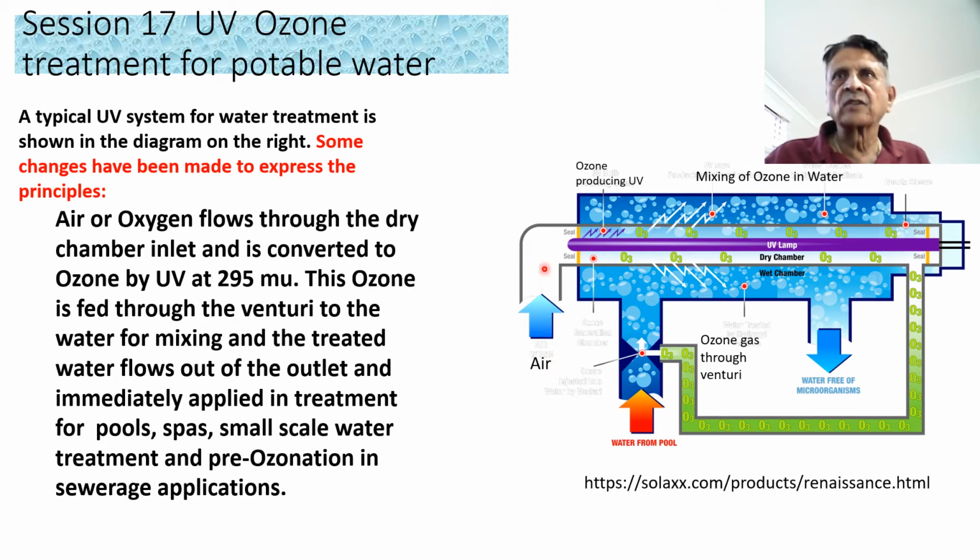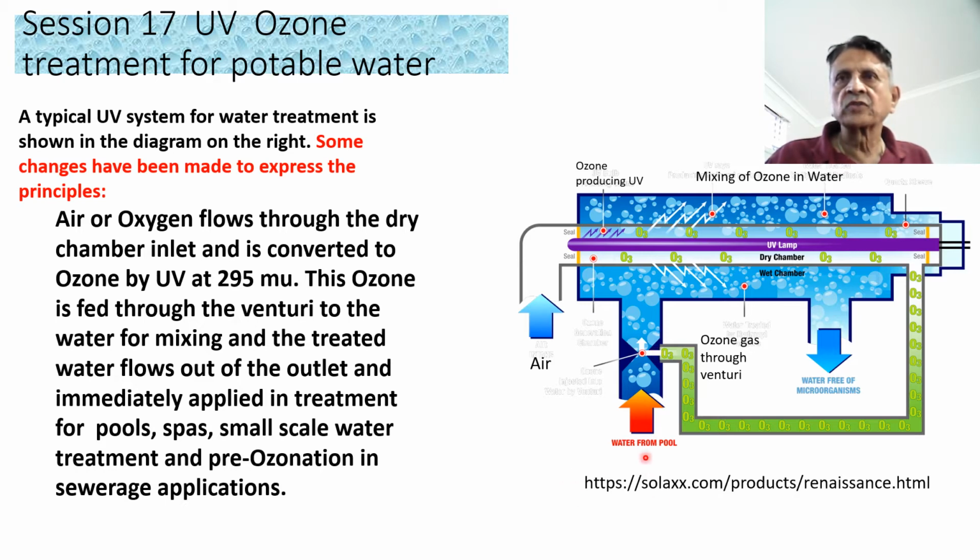So the air that goes into this tube inlet passes through the UV lamp, and the UV lamp generates ozone, and the oxygen is converted to ozone, and the ozone air mixture will come down and through this into the venturi, where it is sucked.